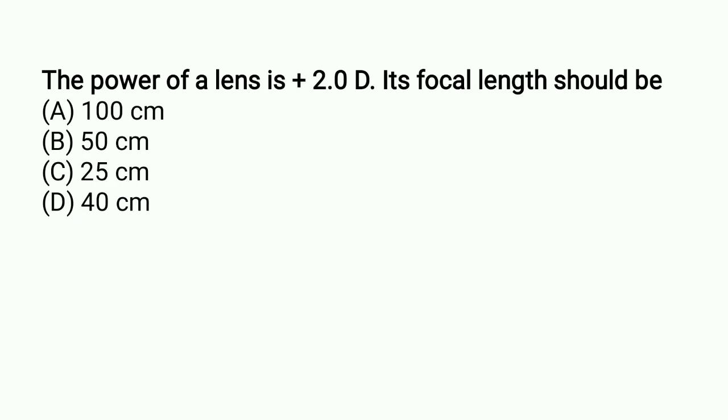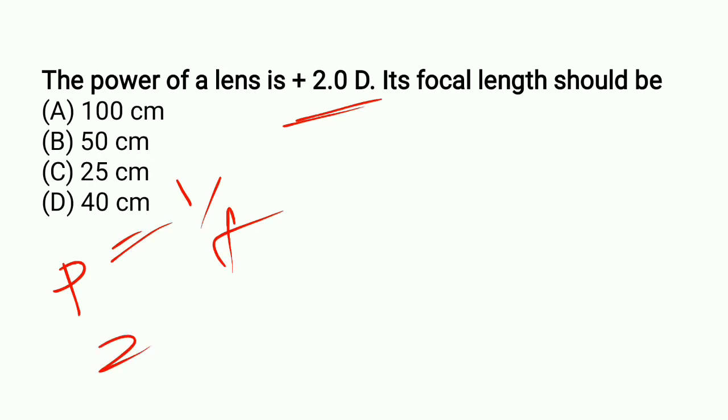Next question, the power of a lens is plus 2.0 diopter. Its focal length should be, okay, so we have the formula P is equal to 1 by F. They have given the power is plus 2 diopter, so I will write 2 is equal to 1 by F. So you can write F is equal to 1 by 2.